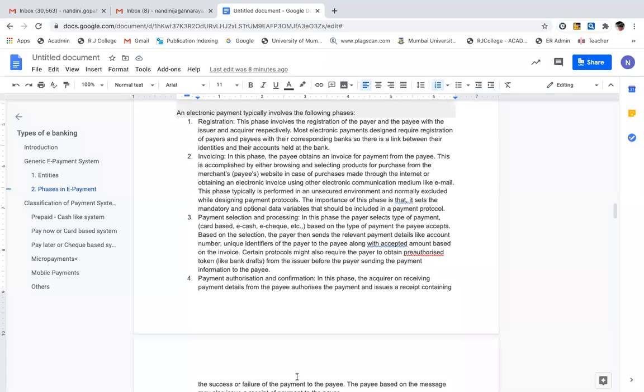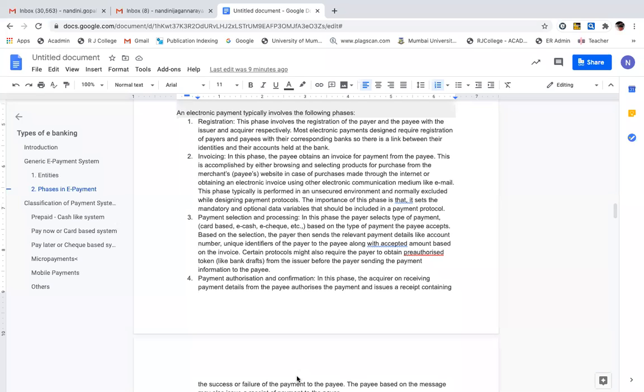When I talk about invoicing, what is invoicing? I get a receipt or an acknowledgement for payment from the payee. मतलब जब मैं कुछ खरीदती हूँ, मुझे दुकान में क्या देते हैं? एक बिल देते हैं. तो वो बिल का जो अमाउंट है वही मैं पे करती हूँ, right? So this invoice is going to be generated from the payee side, right?